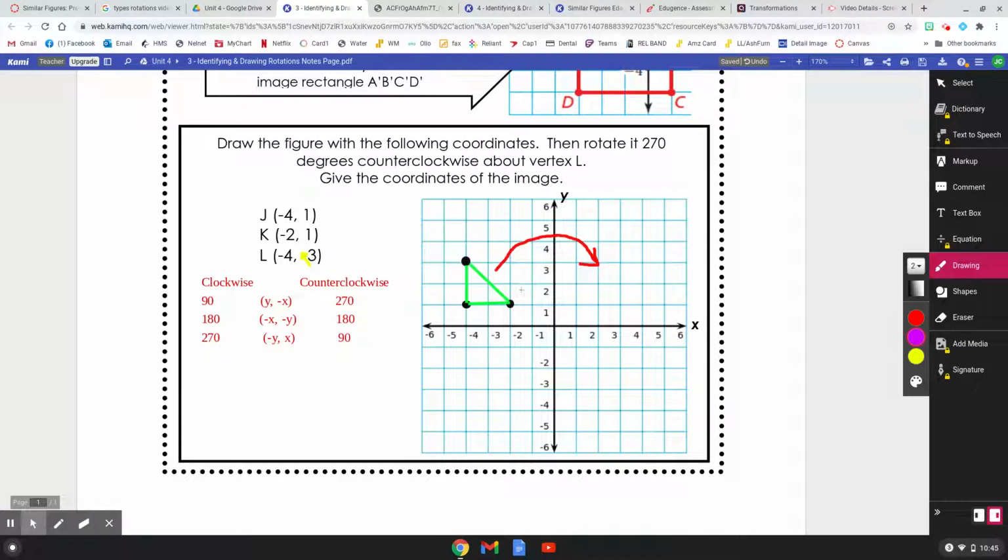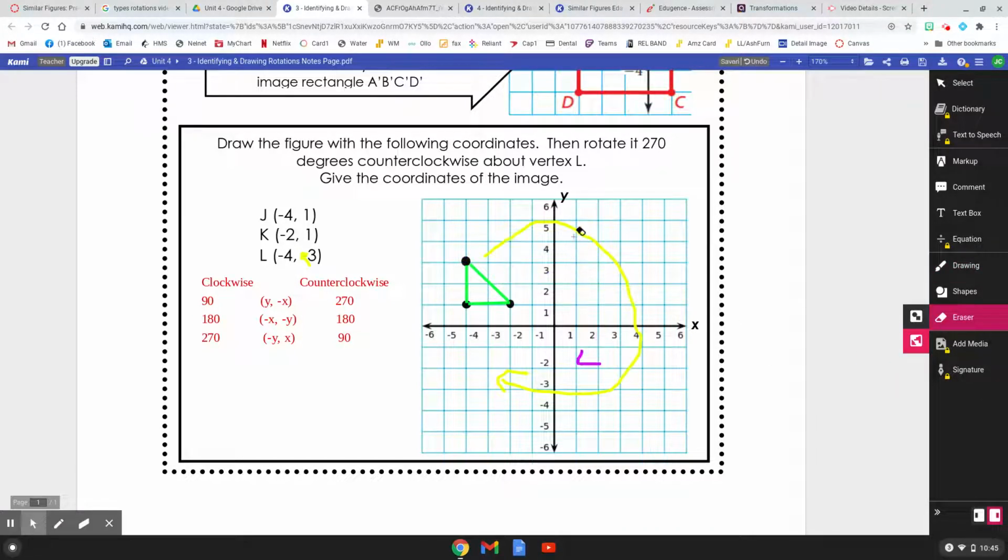A circle is 360 degrees. 180 degrees is a straight line. So we would take it from this point and rotate it to here in quadrant 4. And then if we wanted to rotate it 270 degrees clockwise, it would go to our other quadrant. So that's how clockwise works.